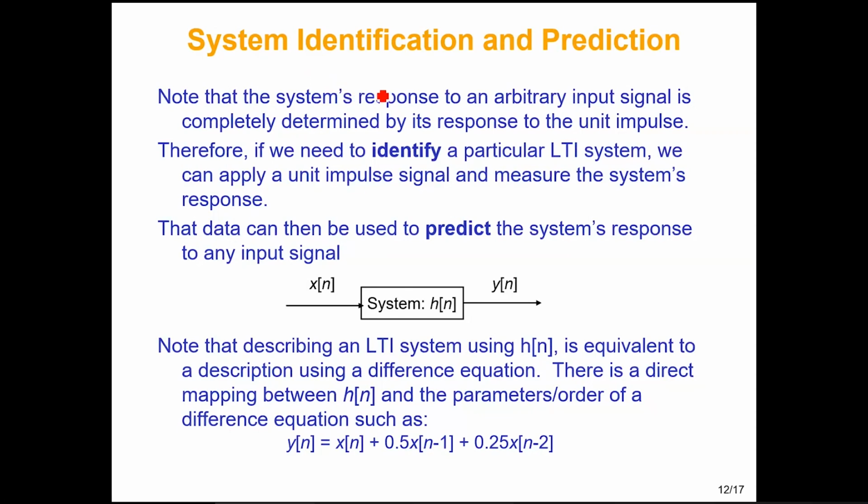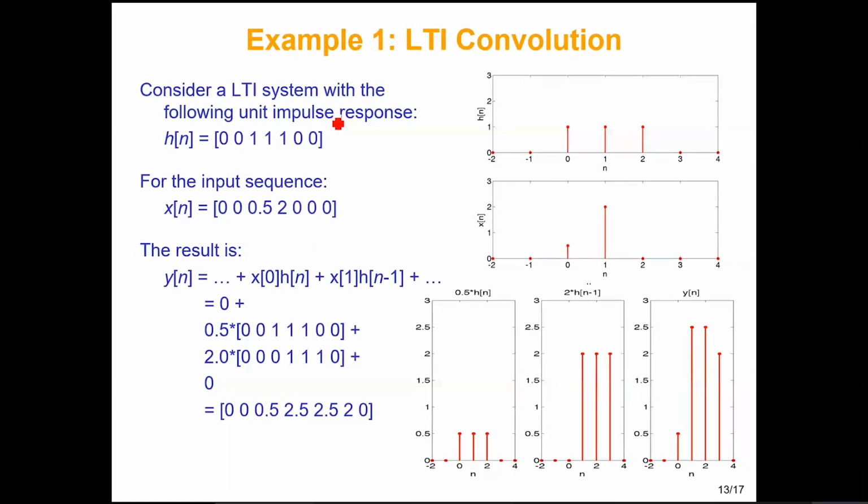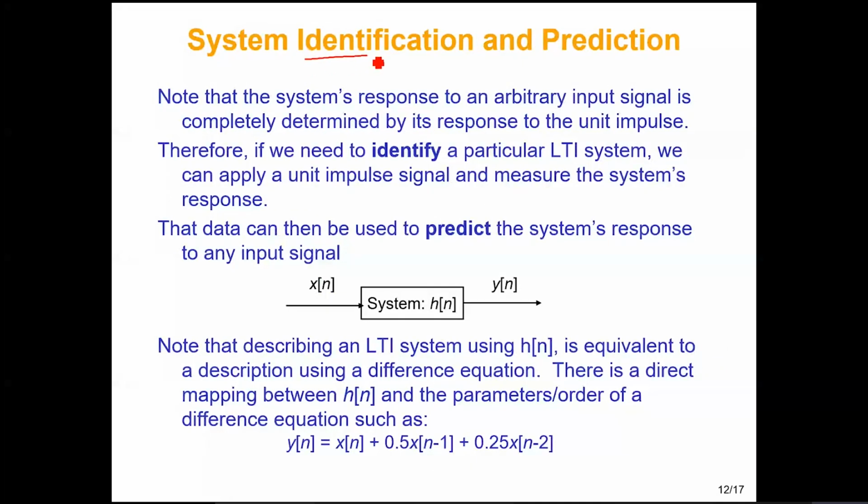Now, there are other examples, and first of all, system identification and prediction. Note that a system's response to any arbitrary input signal is completely determined by its impulse response, by the response of that system to a unit impulse.